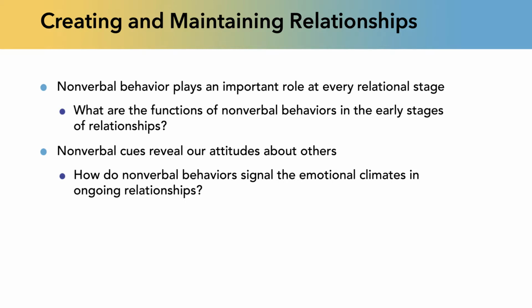Basically, the first function is we use nonverbal communication both to create and to maintain relationships. So at the very beginning of a relationship, how do we use nonverbal communication? As they say, we don't go up to people and say, "Hi, I'm friendly, outgoing, the life of the party."